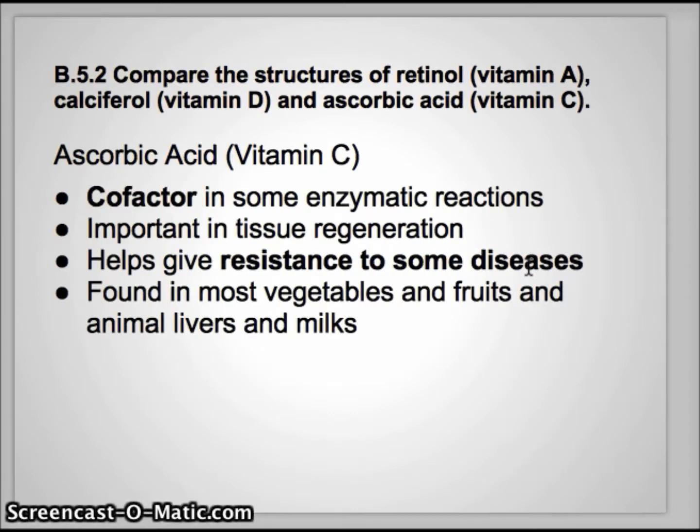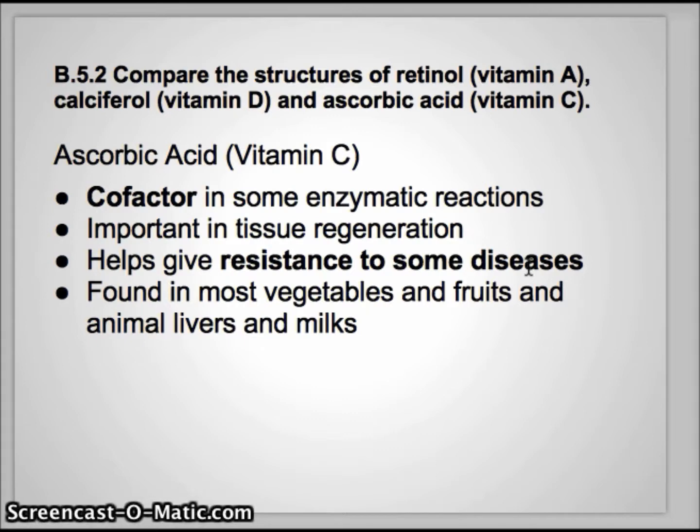Vitamin C itself in our bodies is a cofactor in enzymatic reactions. What is a cofactor? Basically what a cofactor is, since we don't really need to know more than this, is that it is a non-protein part of an enzyme. They have protein parts and non-protein parts. The non-protein parts of enzymes are cofactors.